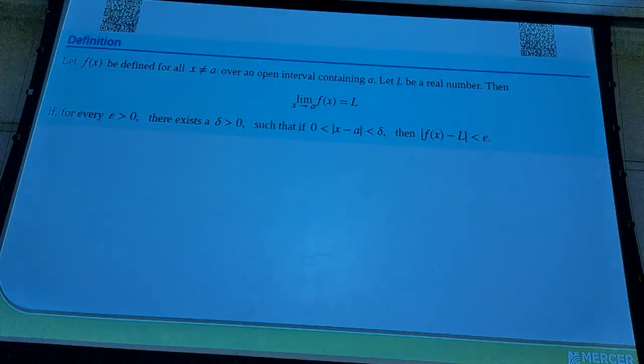The limit as x approaches a of f of x equals L if for every epsilon greater than 0, there exists a delta greater than 0, such that if 0 is less than the absolute value of x minus a, less than delta, then the absolute value of f of x minus L is less than epsilon.